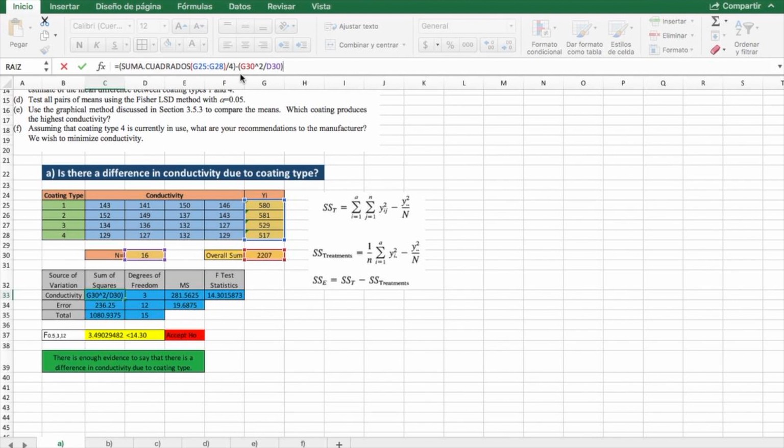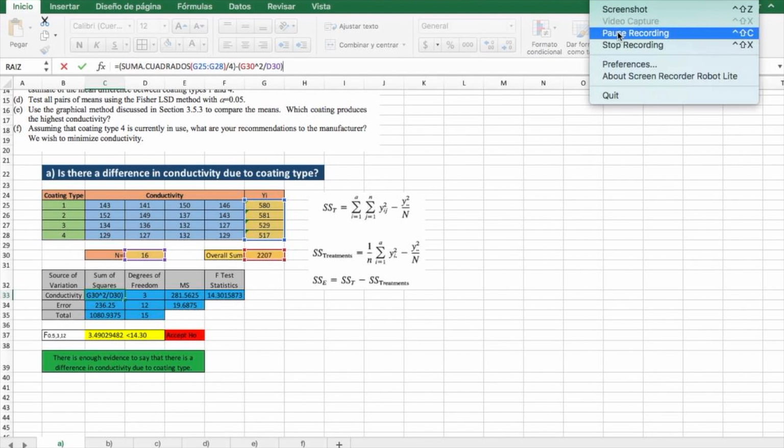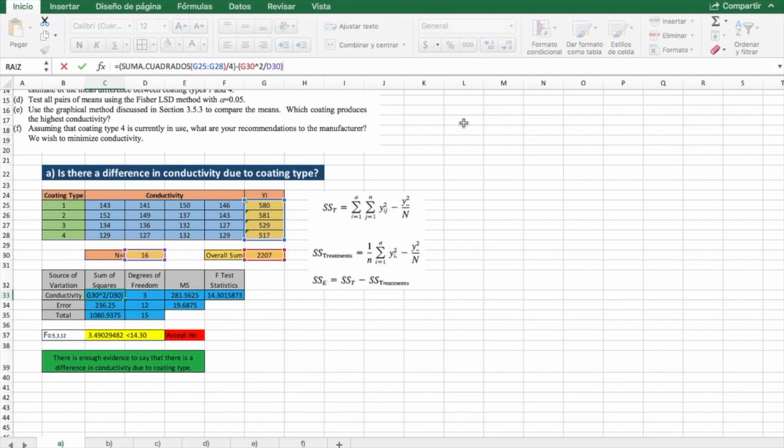You have to subtract the square of the overall sum divided by the amount of numbers, in this case 16. That gives us 844.68.